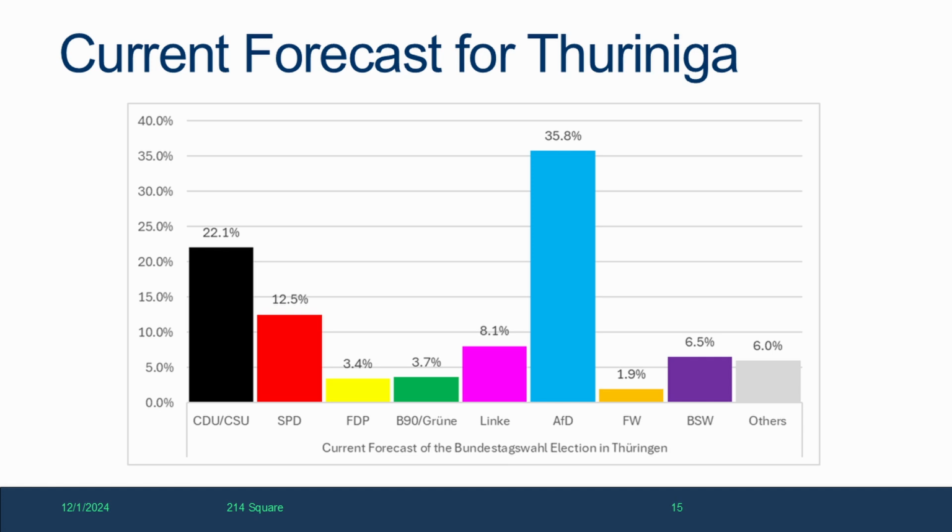And if this would be an election, and this would be the only result, FDP and the Greens wouldn't be in parliament. The left would only be a small faction in the parliament. This is interesting because in the past, the left, or Die Linke, was the party who had the prime minister in this state of Thuringia.